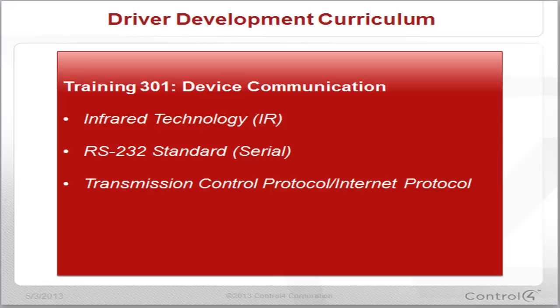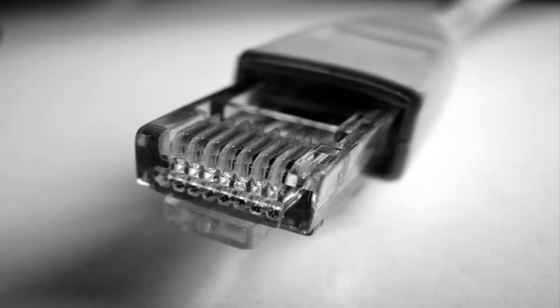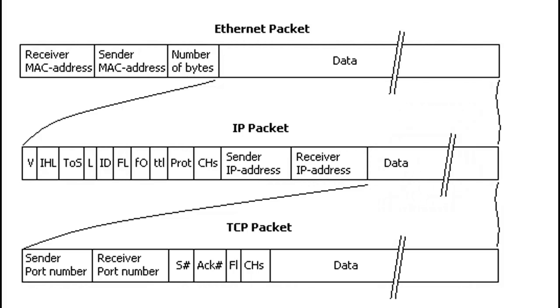The last type of device communication I'd like to discuss is Transmission Control Protocol Internet Protocol, also known as TCP/IP. The first half, or the TCP half, is used for transmitting data from an application to the network. It is responsible for breaking down data into IP packets before they are sent and for assembling packets when they arrive.